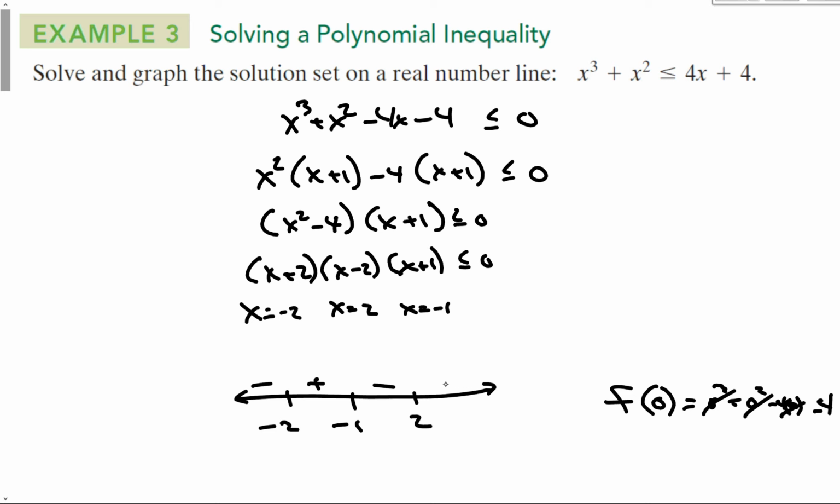And I could double check this because my leading coefficient is positive, my exponent is odd, so the graph goes down on the left, up on the right. Okay, so the answer to this question is everywhere that this graph is negative.